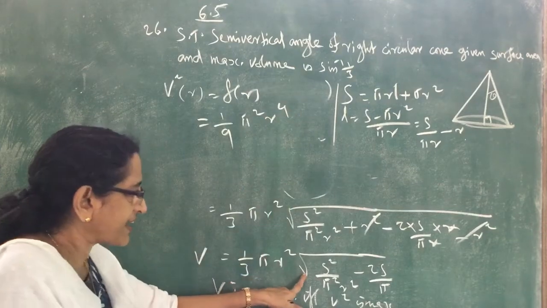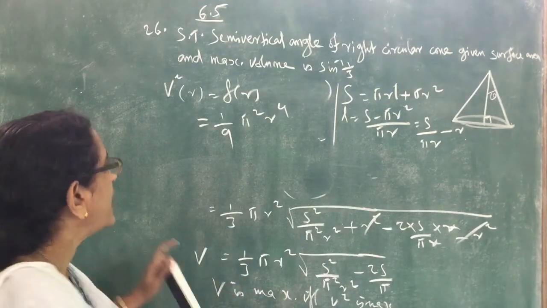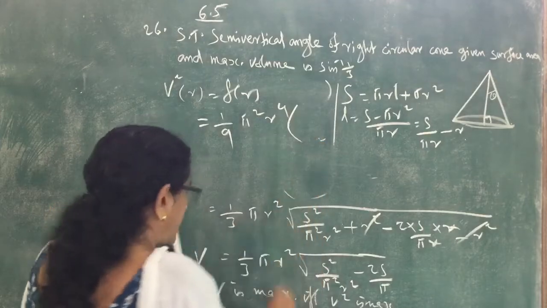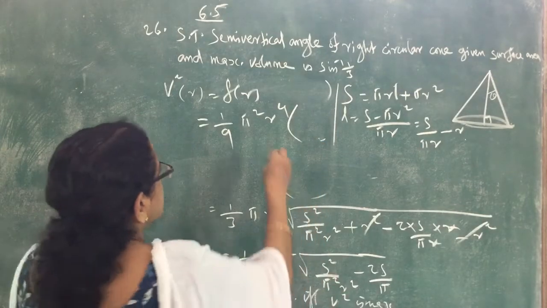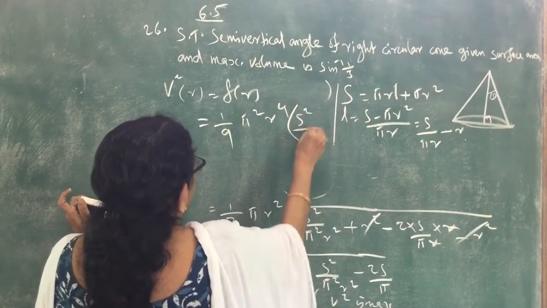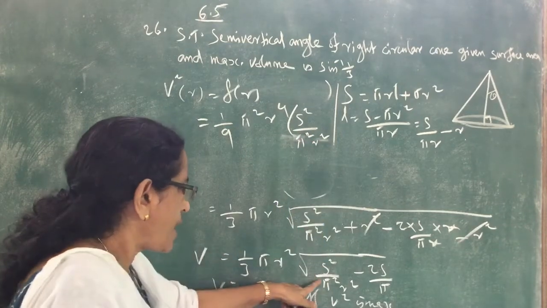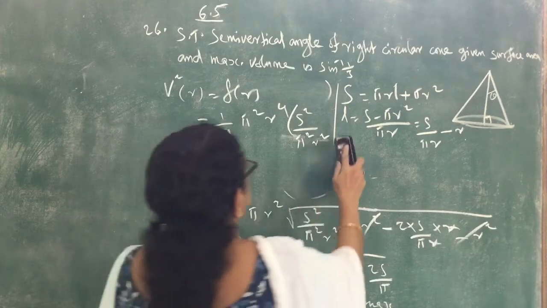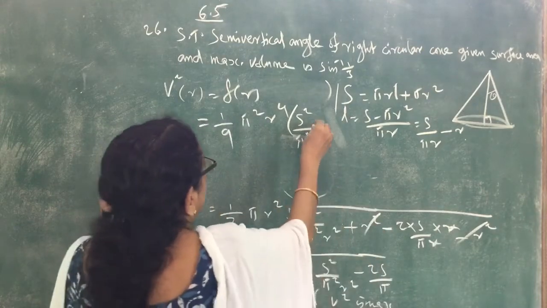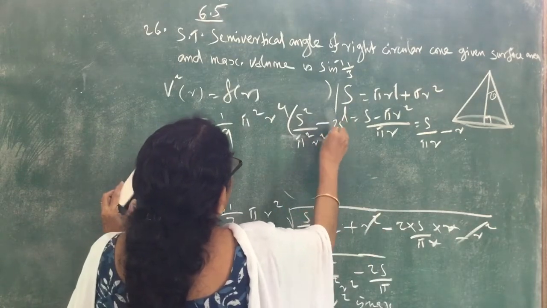Then inside the bracket the root will be removed, and we can write inside the bracket S square by pi square R square minus 2S by pi.